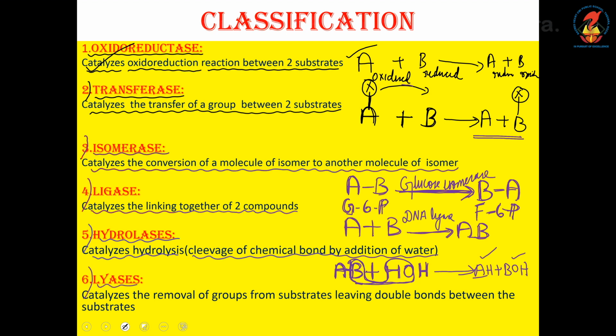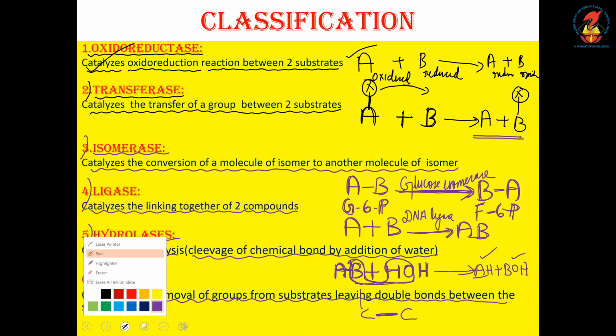Next, sixth, lyases. It catalyzes the removal of groups from the substrate, leaving double bonds between the substrate. Here I will go with two carbon compounds, which are joined by a single bond, and they are joined to two functional groups.